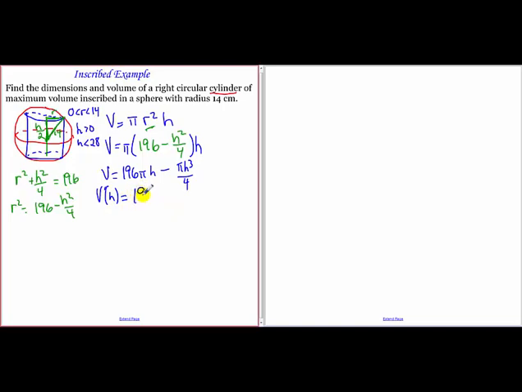So we have 196 pi minus 3 pi h squared over 4. I set that equal to 0.